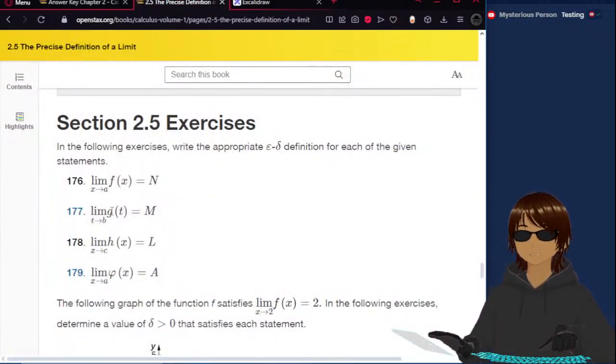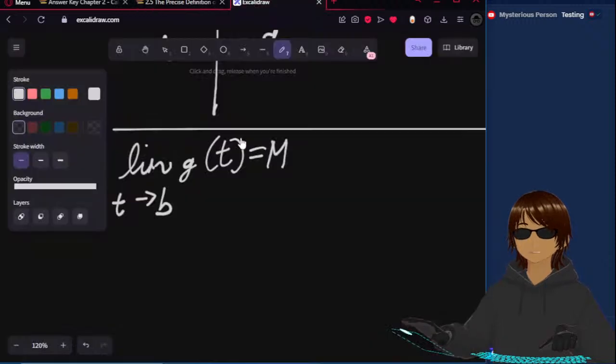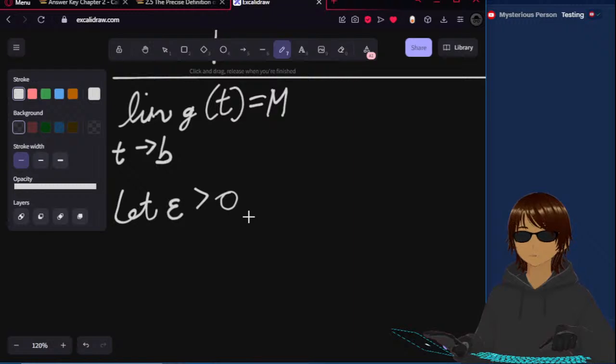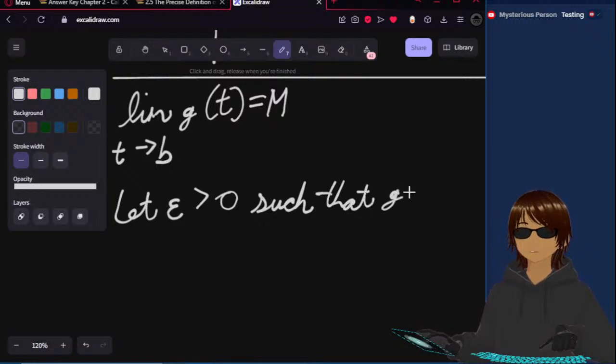So let there be an epsilon such that the modulus of g of t minus m is less than epsilon.